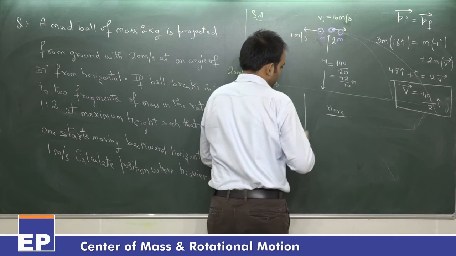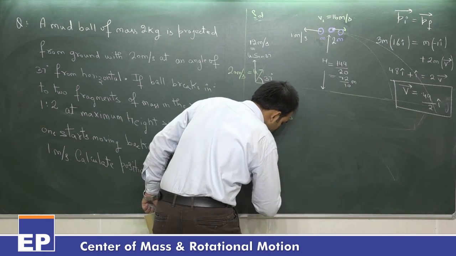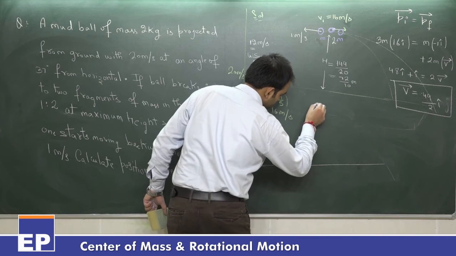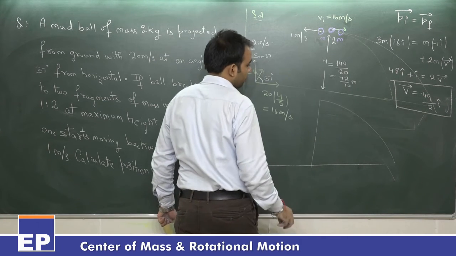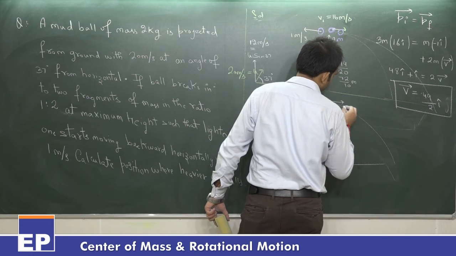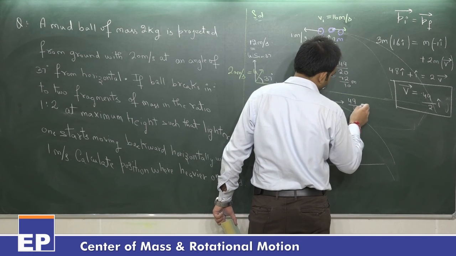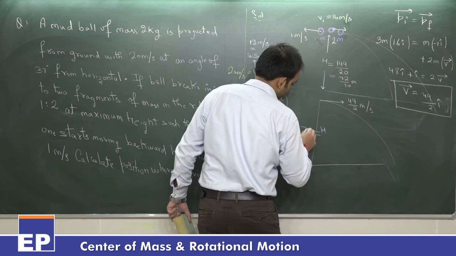This is the type of projectile it is. It will travel that much distance. What is this distance? This velocity is 49 by 2 meter per second. What is this height? 72 by 10.